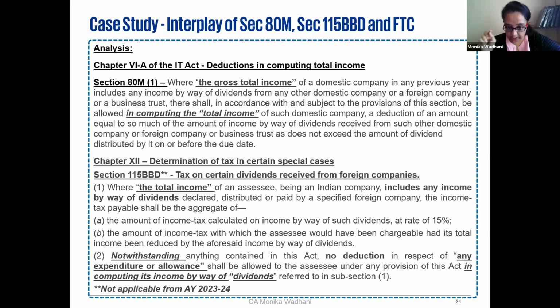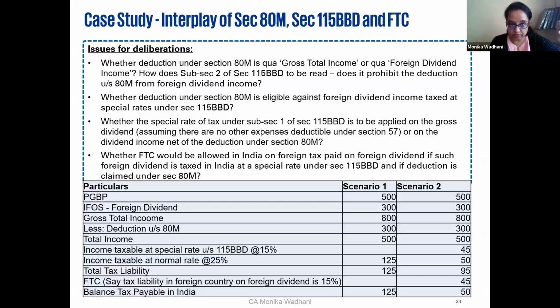It says notwithstanding anything contained in this Act, no deduction in respect of any expenditure or allowance shall be allowed to the SSC under provisions of this Act in computing its income by way of dividends referred to in subsection 1.